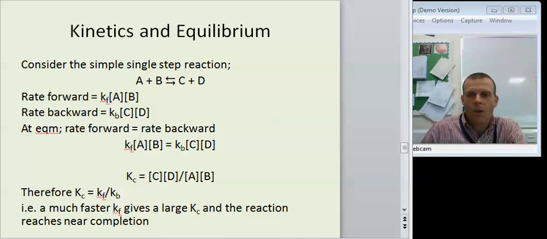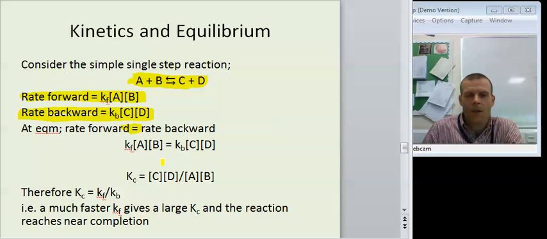Right, we can also link kinetics to the equilibrium constant, because if we take this rather simple reaction here, it's reversible, so we can be thinking of moving in both directions. So the rate of my forward reaction, assuming it's just a bimolecular process, is that. The rate of my backward reaction is that. So I've got these two rate constants, and if I'm at equilibrium, then these two terms must be the same.